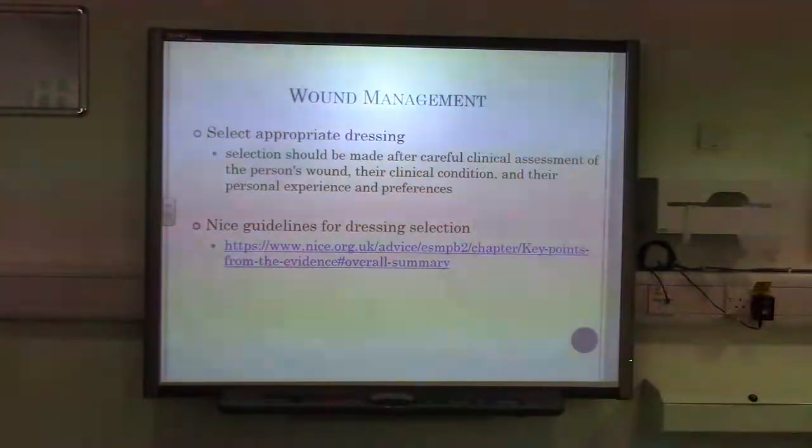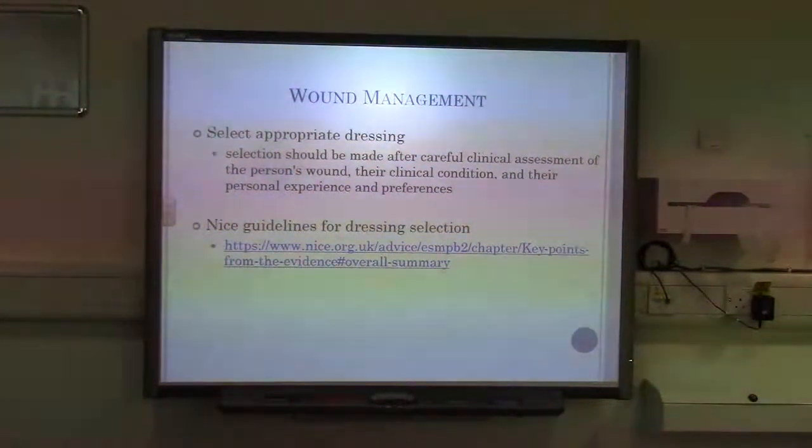Select appropriate dressings. There's a lot of dressings out there. Maybe you've different dressings within our own clinics, but it's important that we make a careful clinical assessment of the person's wound, their clinical condition, their personal experiences of wound dressings, whether they have any allergies to wound dressings, and their own preferences.